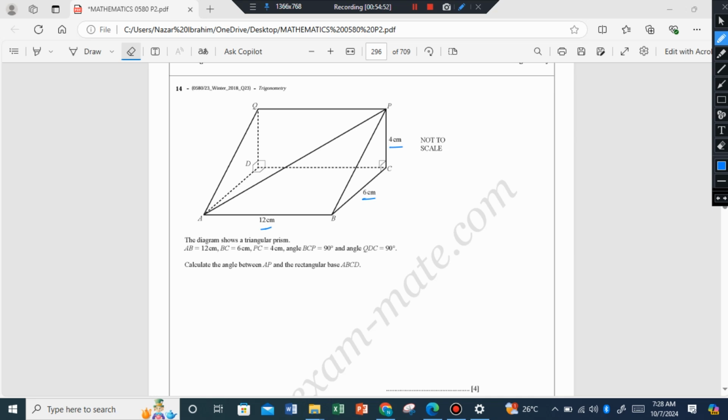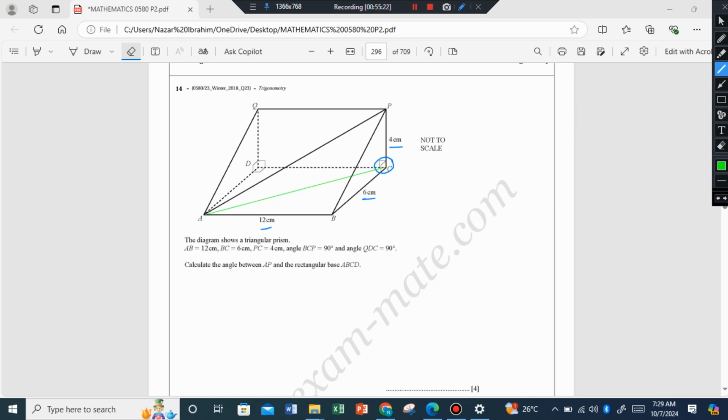And angle BCP is 90 degree. Okay. And angle QDC is also 90 degree. Okay. Calculate the angle between AP, it means this line, and the rectangular base ABCD. Again, similar type of a question. What I'll do, I'll again make a line from here, and I'll make a line from here, and I will go till this base, right?